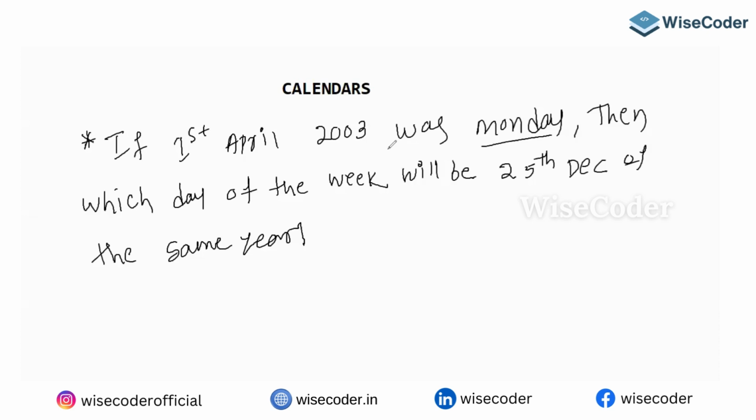January 31, February 28 or 29, March 31, April 30, May 31, June 30, July 31, August 31, like that it continues.